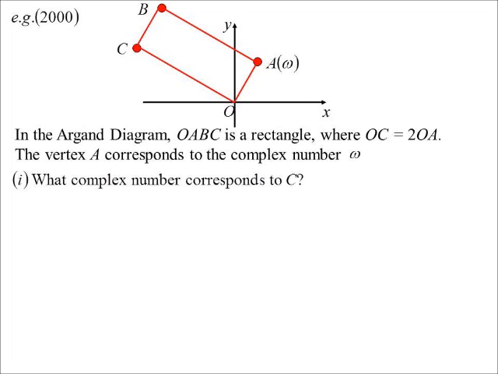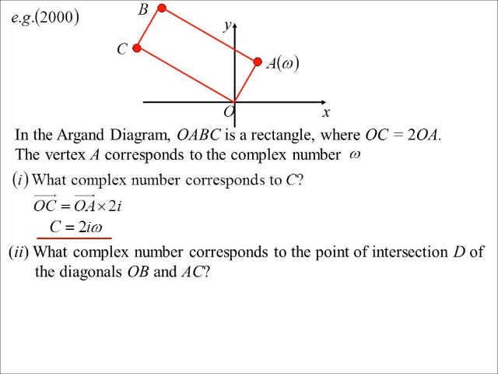And rotation of 90 degrees is multiplication by i, but they've also told me the length is twice as big. So I'm going to multiply by 2i. So I've changed the length as well. Now, OC, well that's nice, it's joined to the origin, so that will be the same as the point C. And OA is just omega, so there's C: 2i times omega.